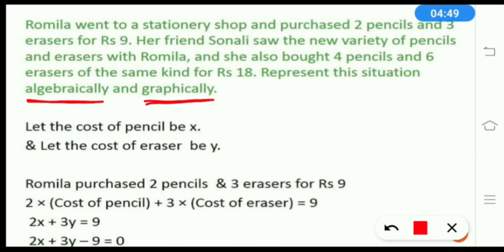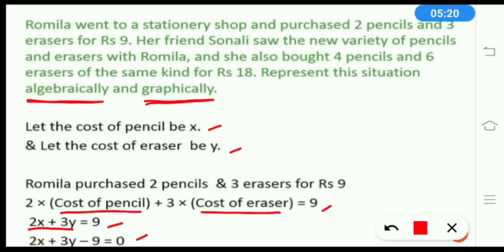So let the cost of a pencil be x and let the cost of an eraser be y. Okay, so Romila purchased 2 pencil and 3 eraser for ₹9, that's why 2 into cost of pencil plus 3 into cost of eraser equal to 9. That means twice x plus thrice y equal to 9, that means twice x plus thrice y minus 9 equals to 0. So this is the first linear equation in two variables for Romila.